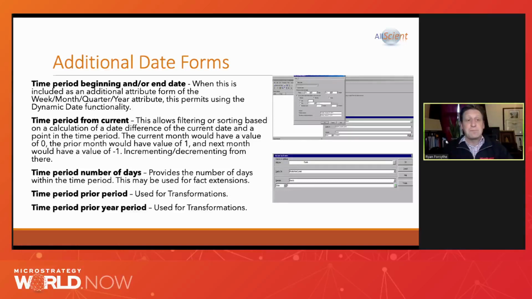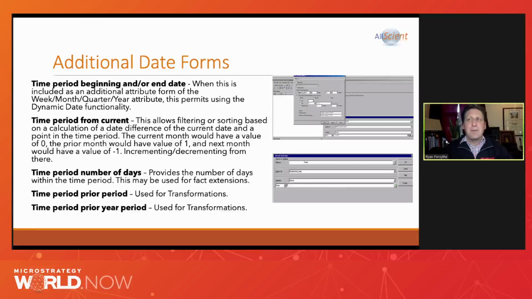So I can always put in some filters where period is 0, which means the current month or current quarter or current year, or 1 is a prior month, or -1 is the next month. It allows you to easily do that without having to go into some of the dynamic date elements, and gives a lot of flexibility.